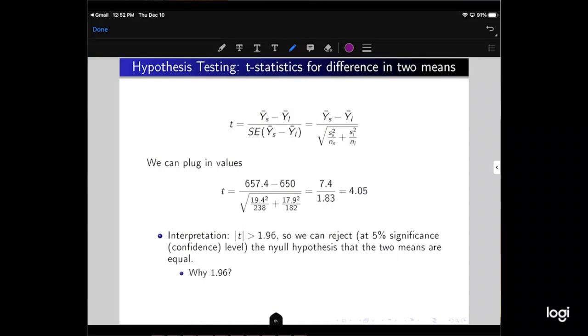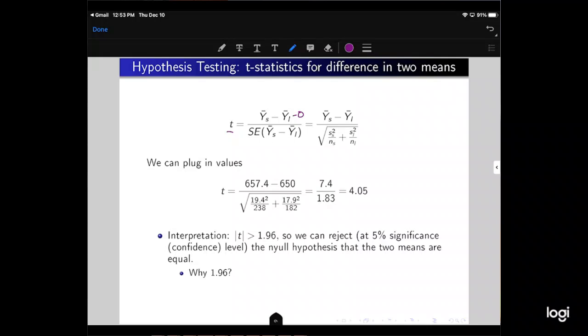Okay, so we can do some hypothesis testing. We can construct a t-statistic for the difference in the two means. A t-statistic for the difference in means is just going to look as follows. So we're going to have the t-stat equal to the difference of y bar small minus y bar large minus 0.